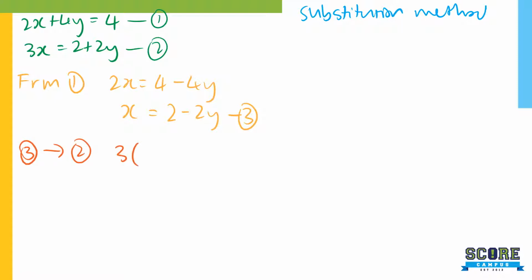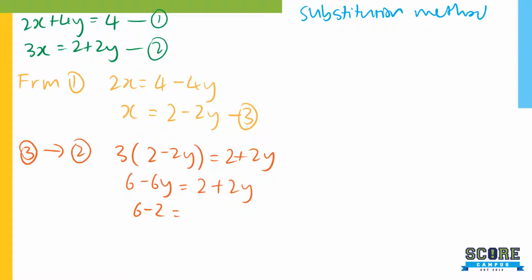So 3 times (2 minus 2y) equals 2 plus 2y. I get 6 minus 6y equals 2 plus 2y. Then I put all my variables on one side, so I get 6 minus 2 equals 2y plus 6y. 4 equals 8y, y equals 4 divided by 8, which is half, 0.5.